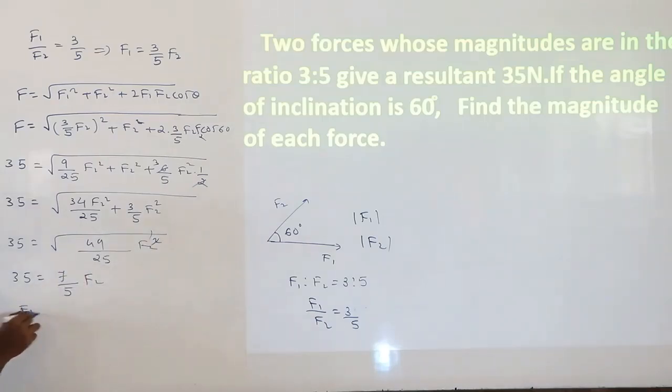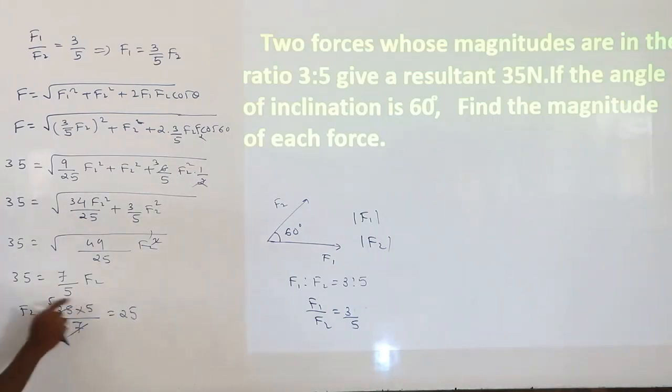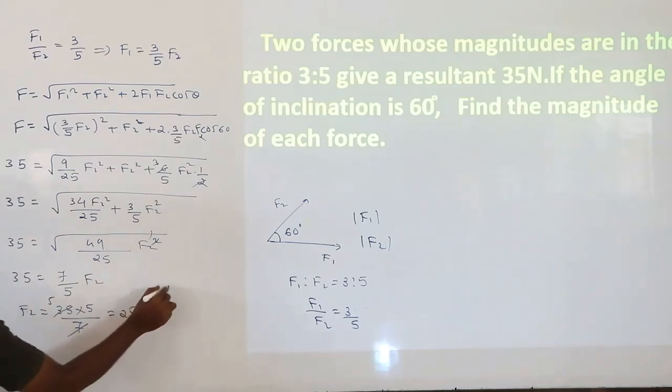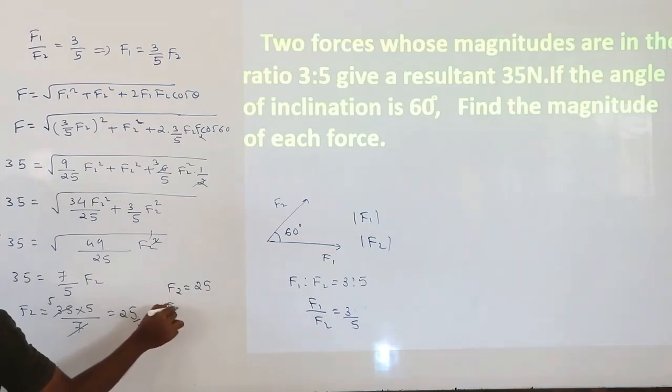So F2 equals 35 into 5 divided by 7. 7 5s are 35, so F2 will become 25. F2 equals 25. What about F1?